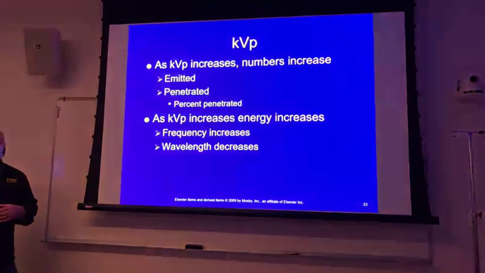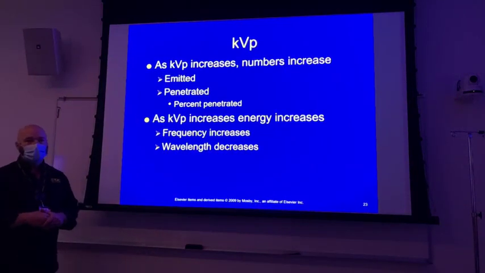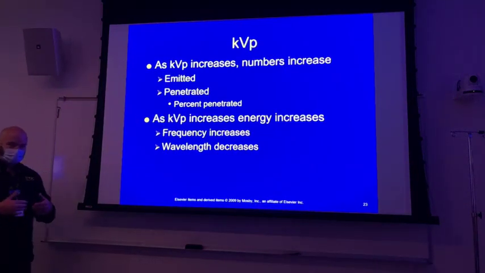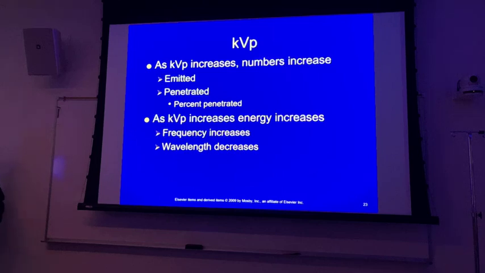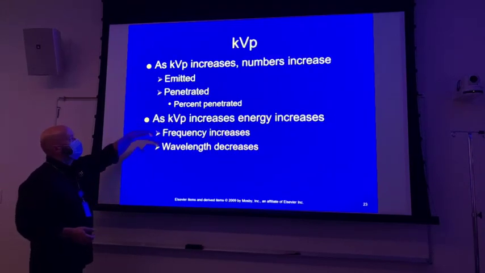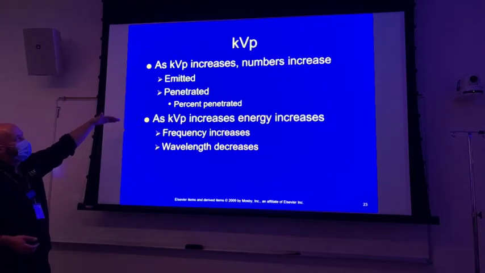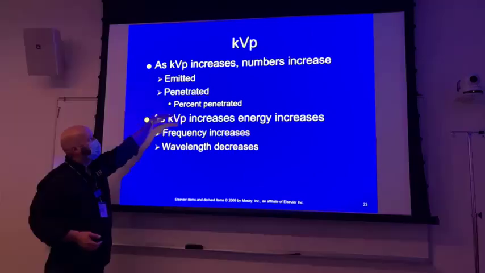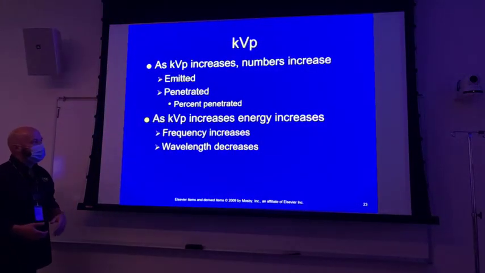If you increase your kVp and you decrease your mass, though, then primarily, you're going to get a reduction in what you create, but what is penetrated through the patient remains the same. All right. So if we're just changing kVp, we get an increase in what's emitted, and we get an increase in what's penetrated through the patient as well.